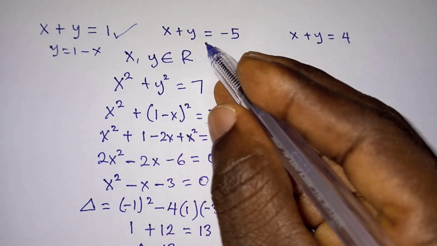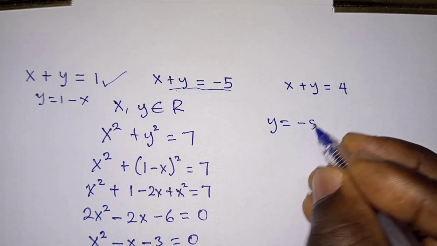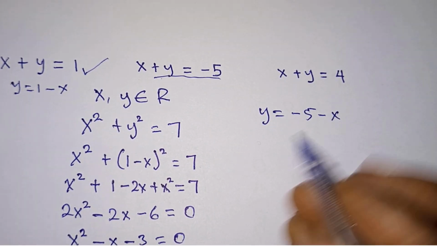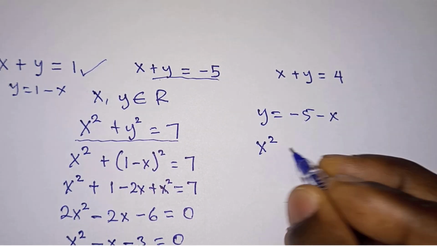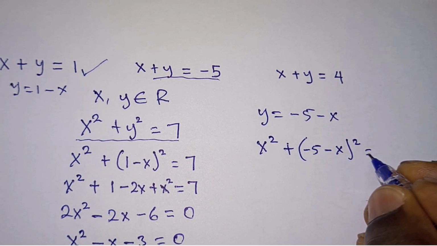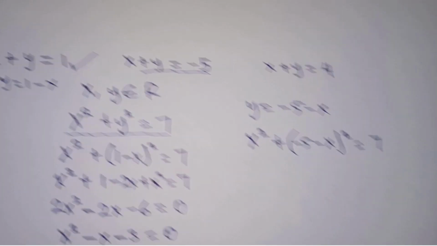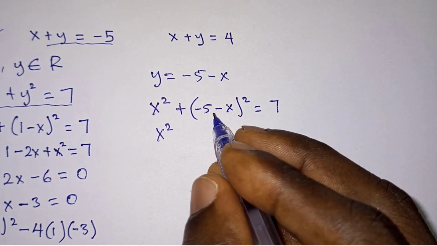Then let's pay attention to this, x plus y is equal to minus 5. If we make y the subject from this equation, we're going to have y is equal to minus 5 minus x. Therefore, from this equation over here, we will have x squared plus (minus 5 minus x) squared is equal to 7. Then let's expand this.